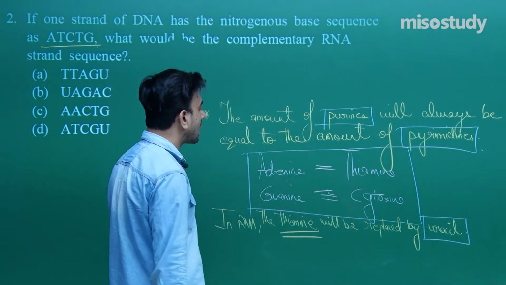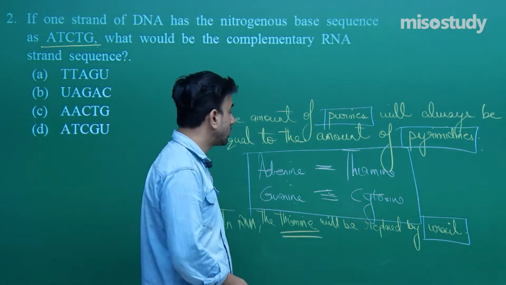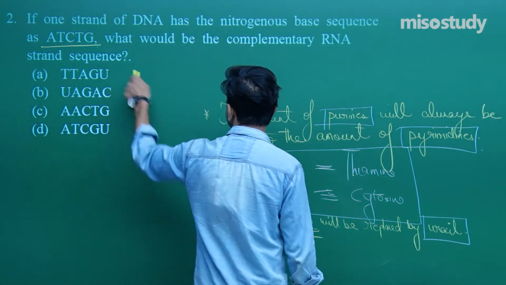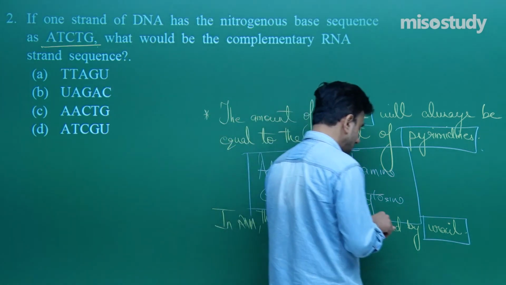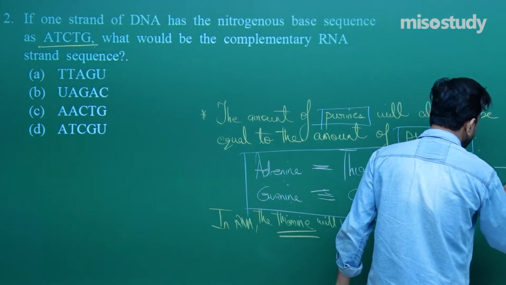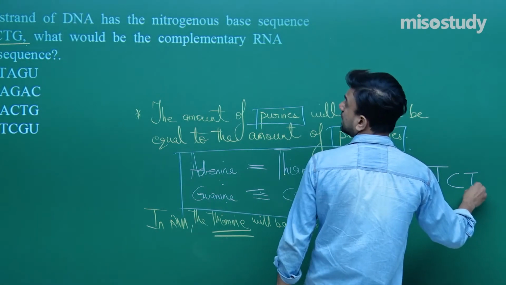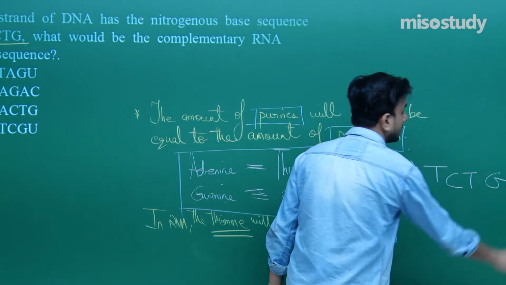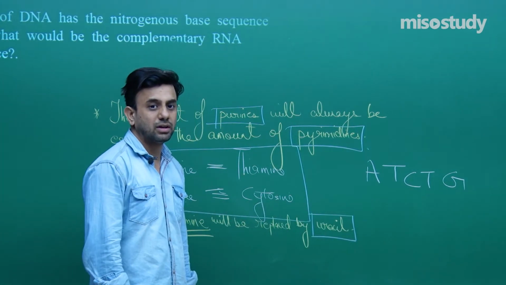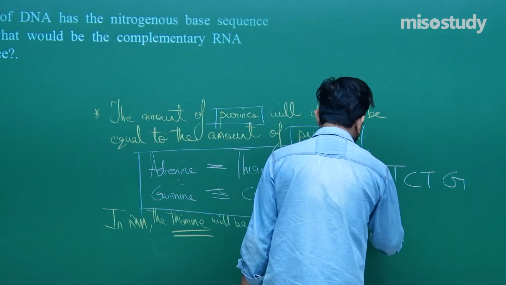So in RNA the thymine will be replaced by uracil. So hence let us see ATCTG. Now let us see the complementary strand.